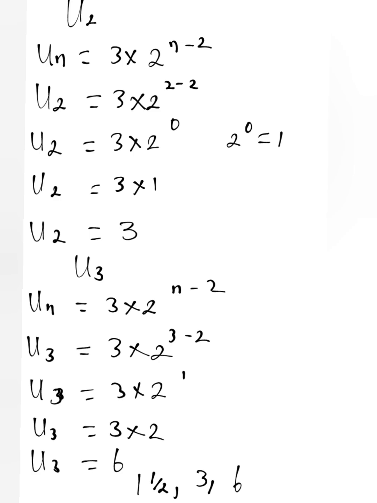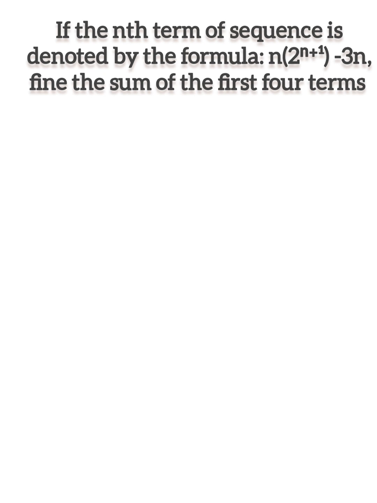Let's move over to example 2. In example 2, the nth term of a sequence is denoted by the formula Un equals n times bracket 2 raised to the power n plus 1 close bracket minus 3n. Find the sum of the first 4 terms.